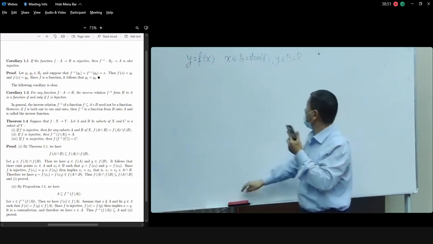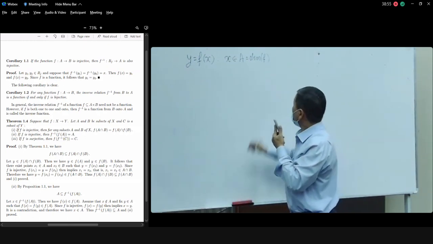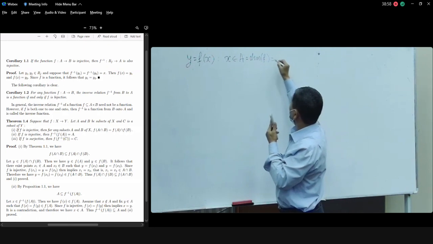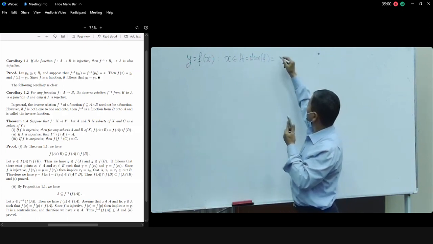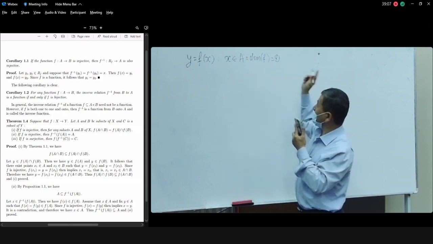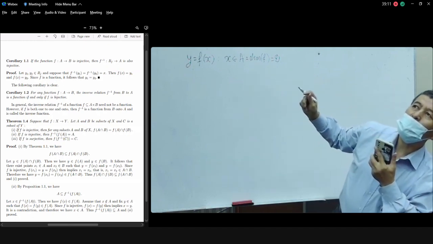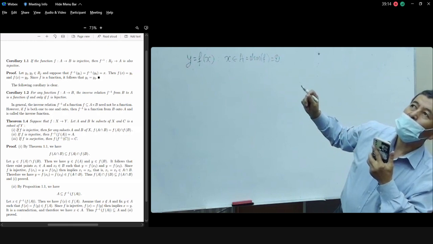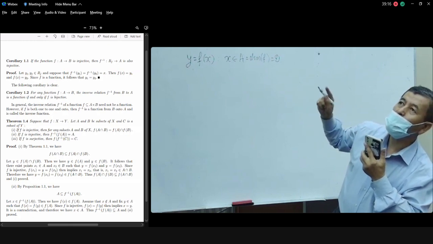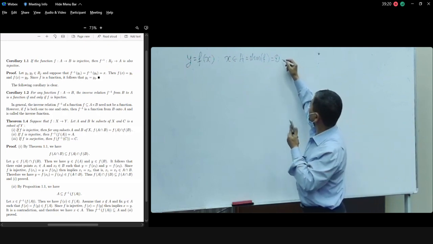This one we denote by R, D. So this one, R f, is the range. The domain we denote by dom of f.